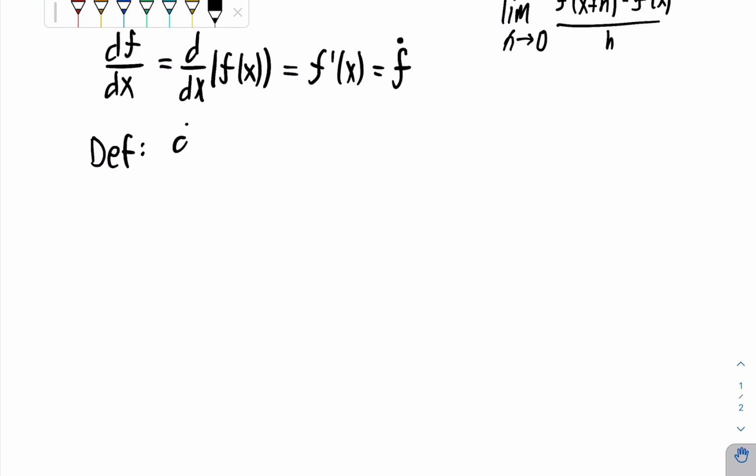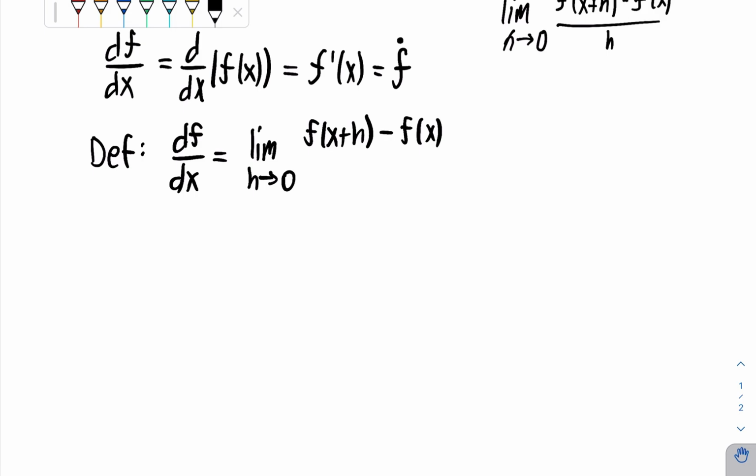We have df by dx is equal to the limit as h goes to 0 of f of x plus h minus f of x over h. So now let's try to find the derivative of x.